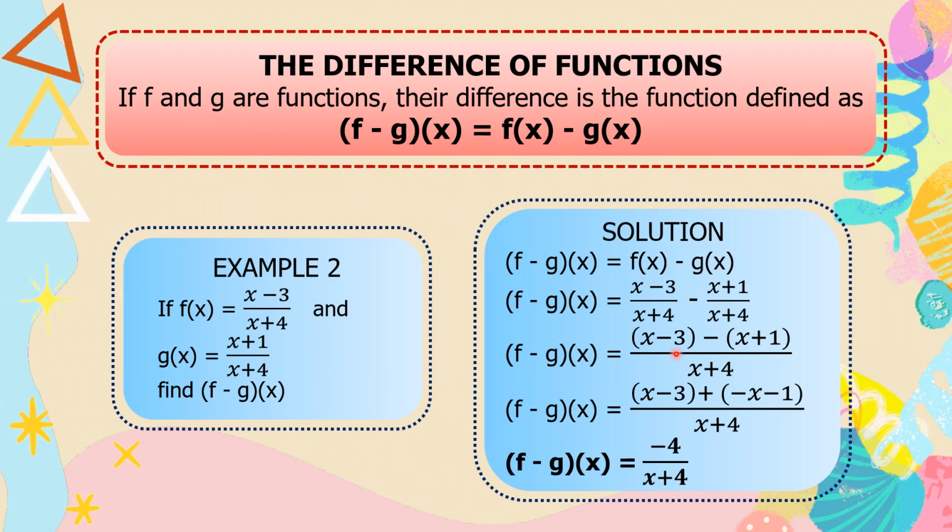Kasi any number multiplied by 1 is the number itself. Minus, ulitin natin yung process, LCD divided by denominator. So, x plus 4 divided by x plus 4 is equal to 1. And 1 times yung numerator natin, which is x plus 1, is x plus 1.